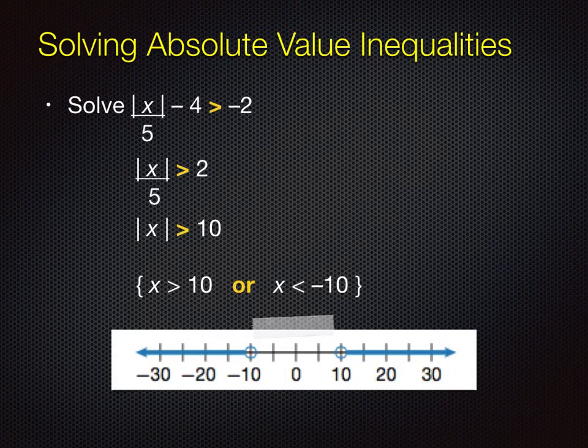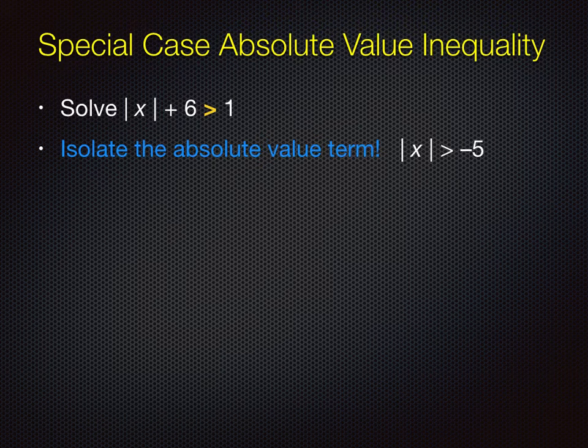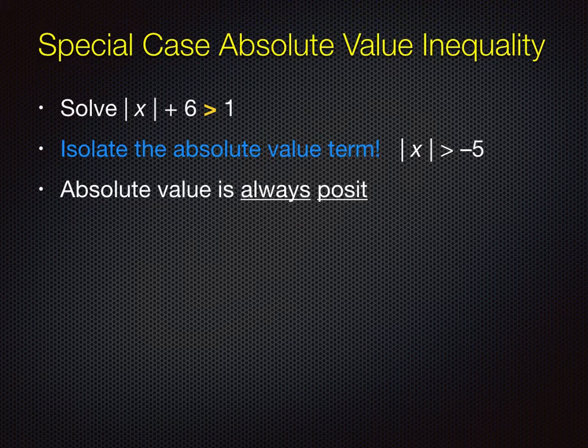There will be a couple of special cases that we want to pay attention to. Here's the first one. Solve the absolute value of x plus 6 is greater than negative 5. You may not realize it's a special case at first glance. You're going to isolate the absolute value term. But here's where you'll take a second look, because there's something about that negative 5 with the absolute value term that should stand out. We know absolute value is always positive.